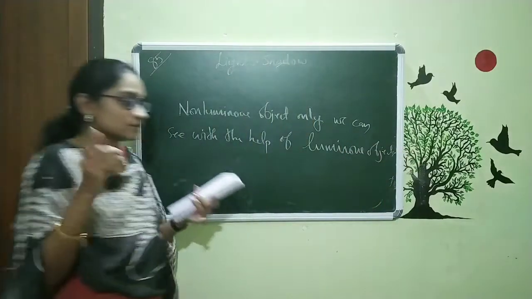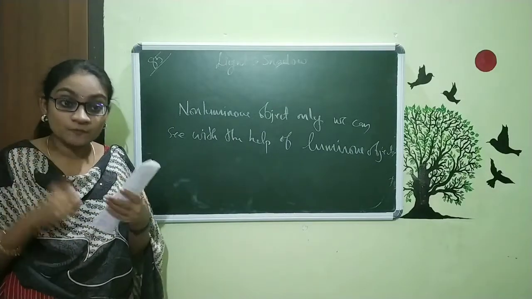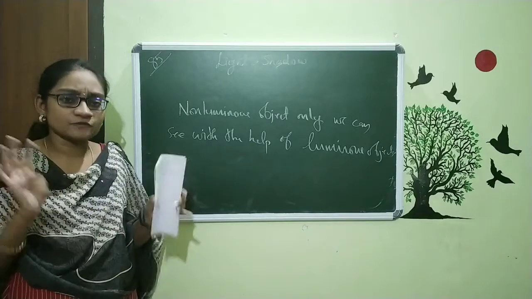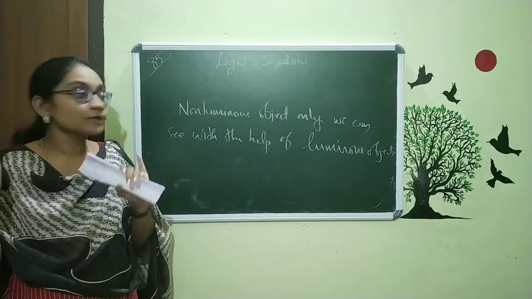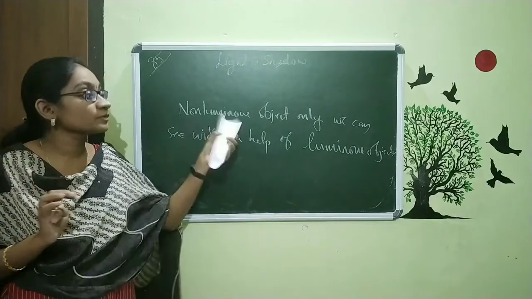That means with the help of sun, candlelight, bulb, filament bulb, CFL lamp, or any type of thing, we need a particular luminous object. If there is no luminous object, it is not possible to see a non-luminous object.